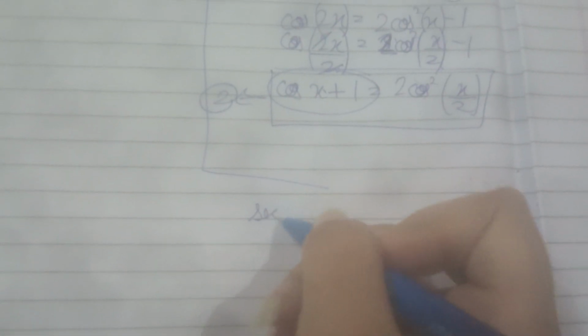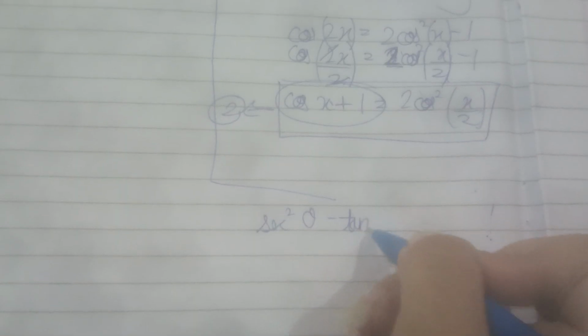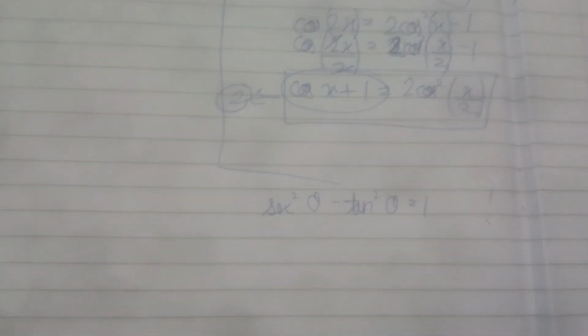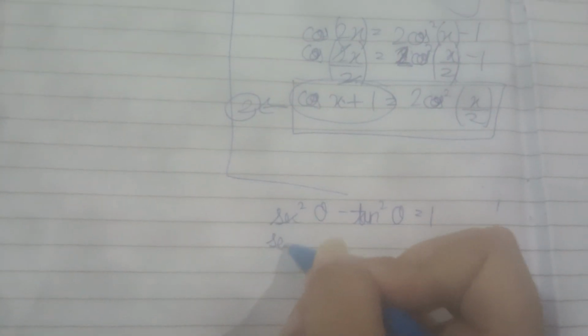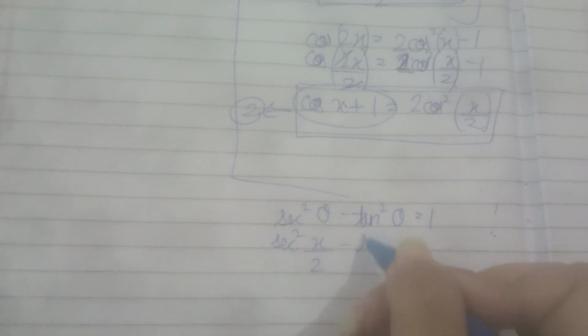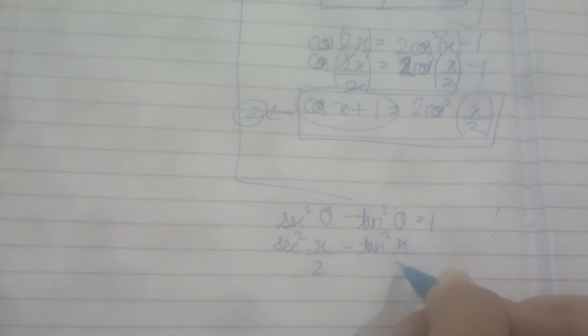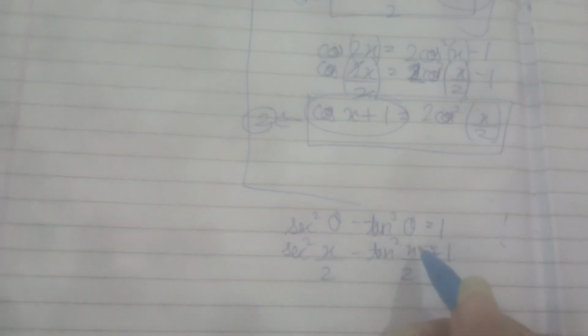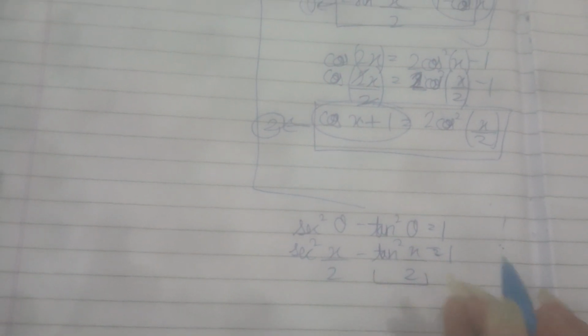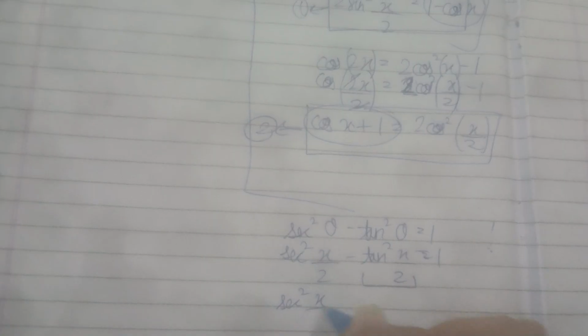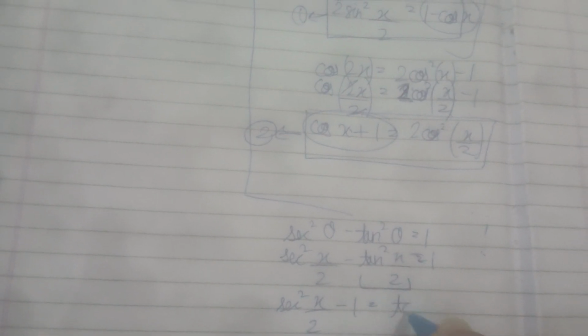Now what is the identity related to this? We can use one more identity: sec square theta minus tan square theta is equal to 1. This is a very old identity that we have known. Similarly, sec square x by 2 minus tan square x by 2 is equal to 1, and we are asked about tan square x by 2. So sec square x by 2 minus 1 is equal to tan square x by 2.